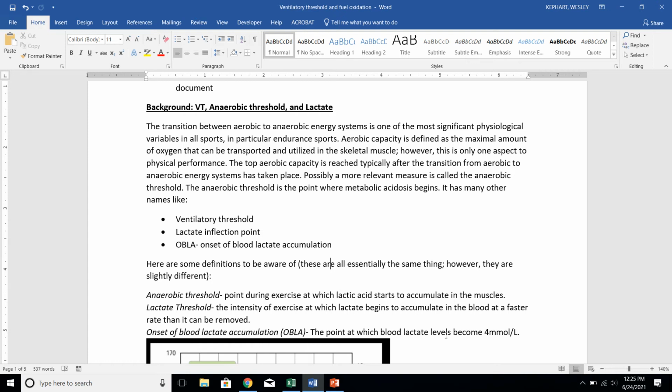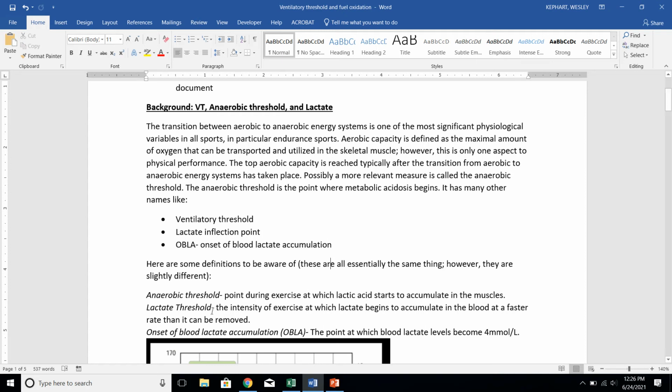Typically at rest, we're going to have around 1 millimole, and at max exercise, you could go up to 8, 9, 10, 12 in some cases. Typically, we would say that you're at the max of your aerobic system if your blood lactate is around 8 millimoles.